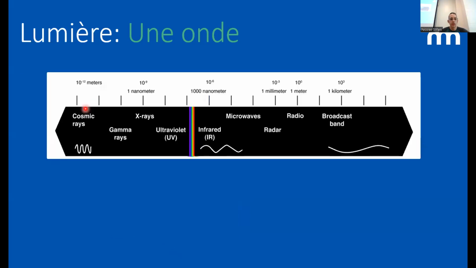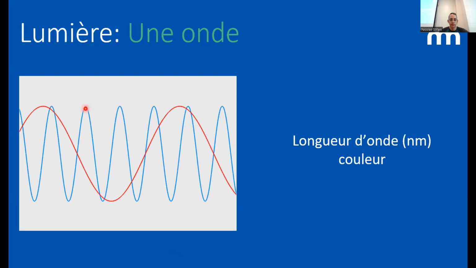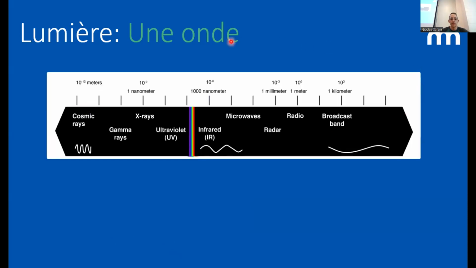Now, because there are a lot of different frequencies, we can plot them on this frequency scale. You have very short wavelengths, long frequencies here on the left, and you have very long wavelengths, short frequencies on the right.